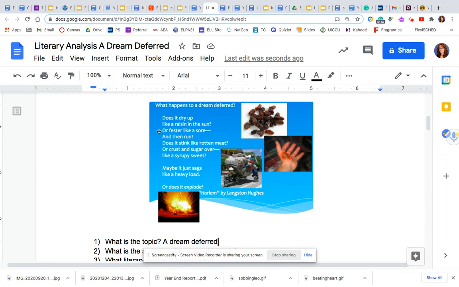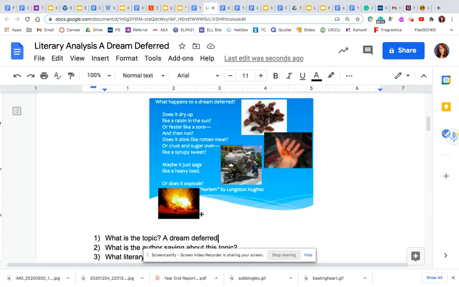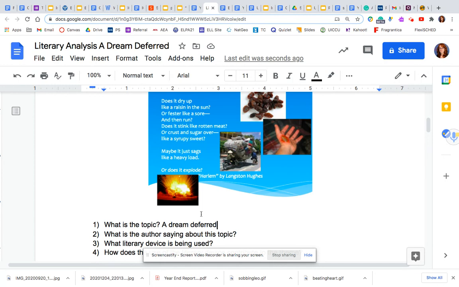Does it become very painful? Does it stink like rotten meat? Maybe the dream sags like a heavy load. Maybe the dream explodes. So, all of these images of the dream sagging, drying up, festering, exploding, what is the feeling that you get from these images and words?